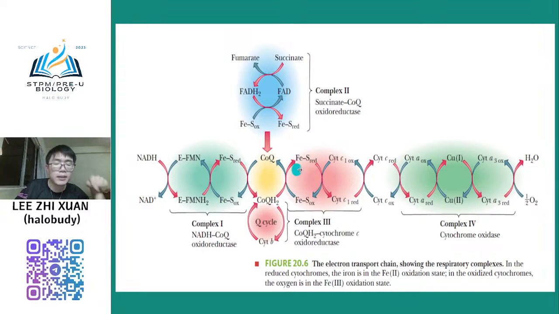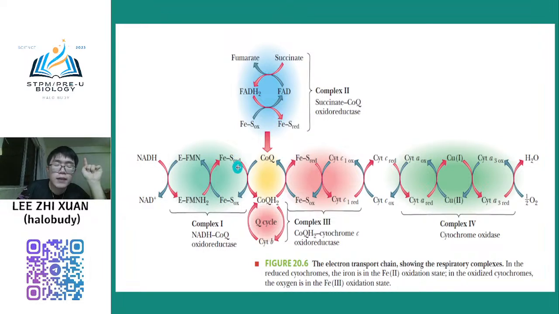So, yang paling penting awak kena ingat is FMN is the first reactant, first substrate that receive electron from NADH. It is the first reactant, first substrate. Ini awak kena tahu lah. After that, it will transfer electron to FeS.